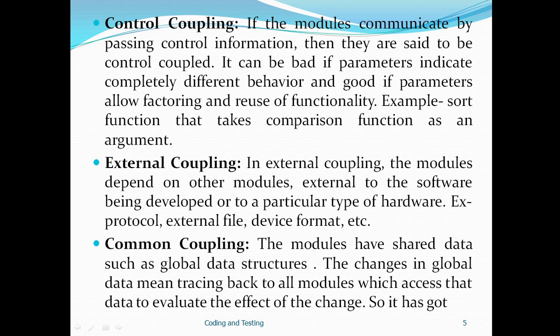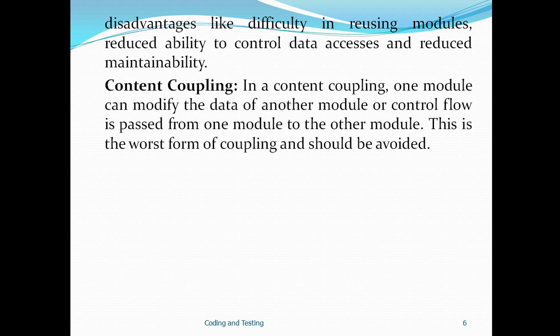External coupling is where the modules interact with external devices such as hardware, protocols, external files, devices, etc. In common coupling, the data is accessed by all modules if given to any one module. It is difficult to reuse these modules, so such types of coupling should be minimized in software. The last one is content coupling.